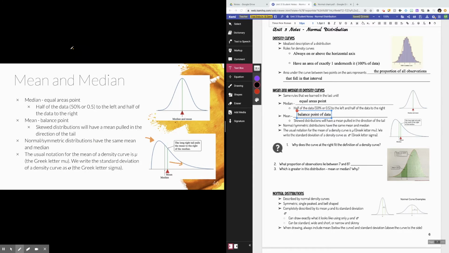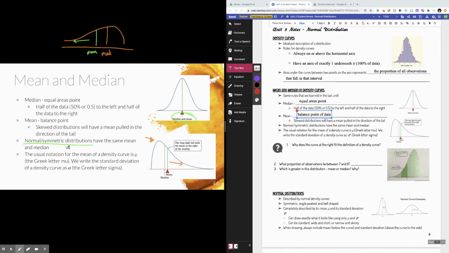Okay, if you have a density curve that is skewed to the left, okay, the median may be here, for example, in orange, but the mean may be here, okay, being pulled towards the tail. Okay, same thing. For this unit in particular, right, we're mostly dealing with the normal distribution. So normal and symmetric distributions will have the same mean and the same median. Okay, mean and median are exactly the same.